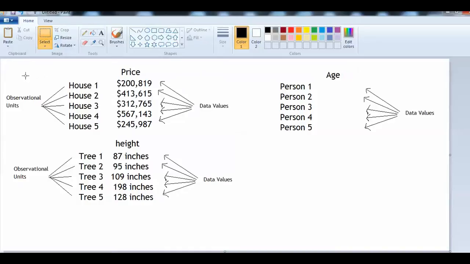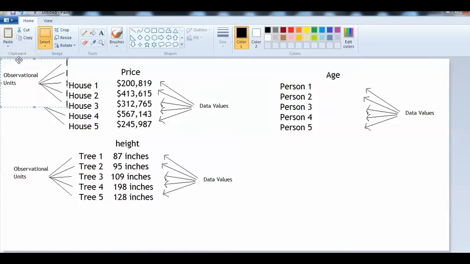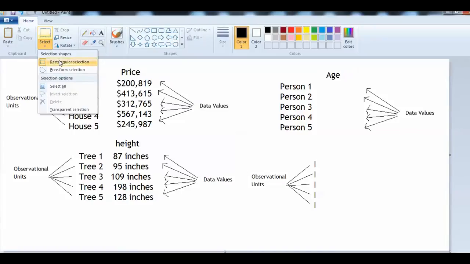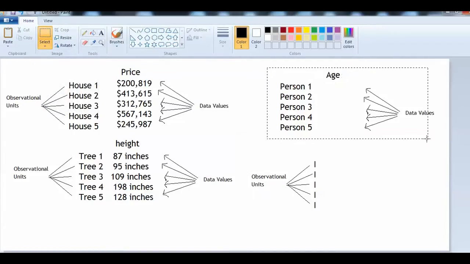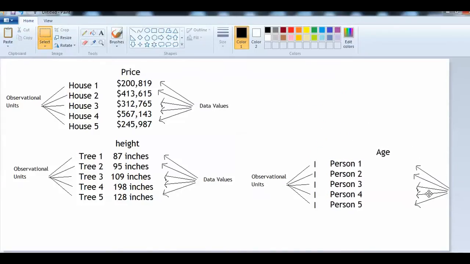And what about the people? The people are the observational units. Person 1 through person 5.